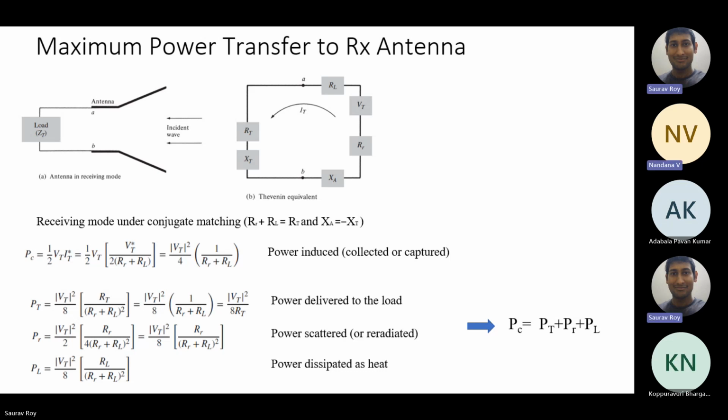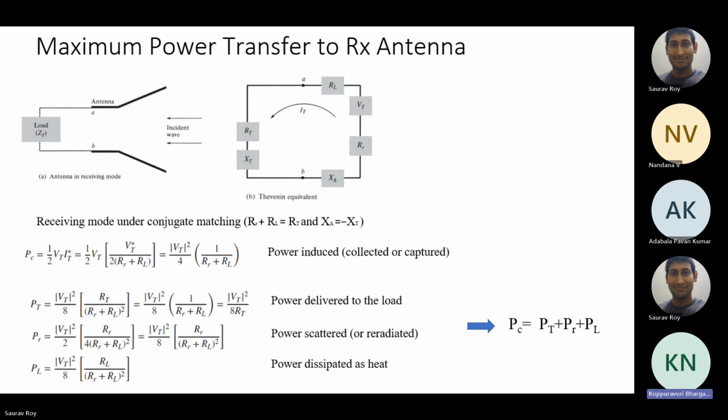Yeah, it's written on the slide only, but you just have to visualize what happens. Let's say the antenna is working as a receiver. What will happen? Some will dissipate as heat. Okay, that is one portion, and others? Maybe, Bhargav?